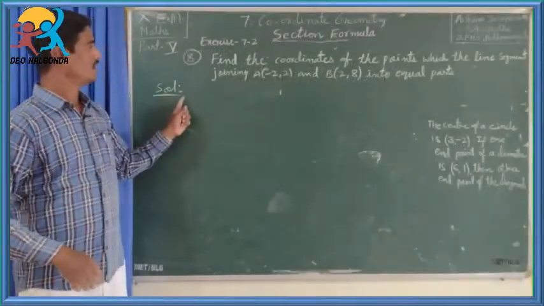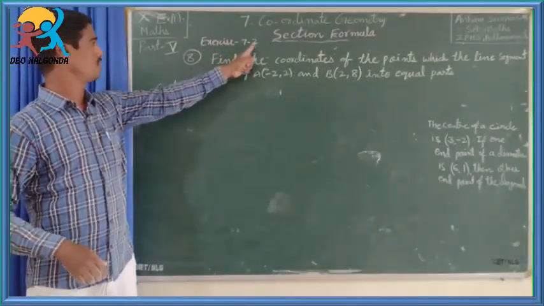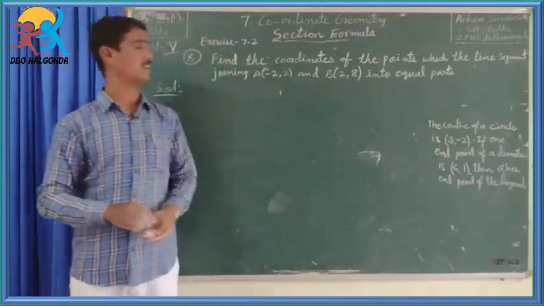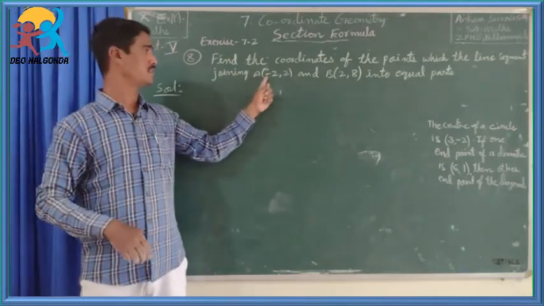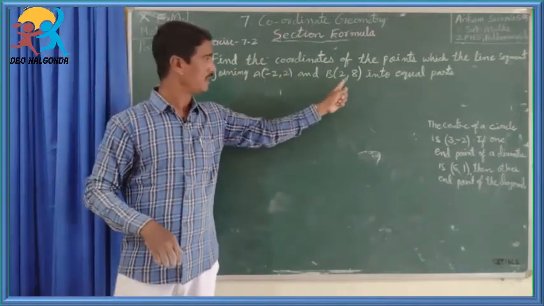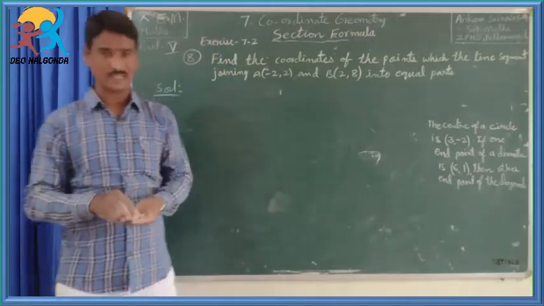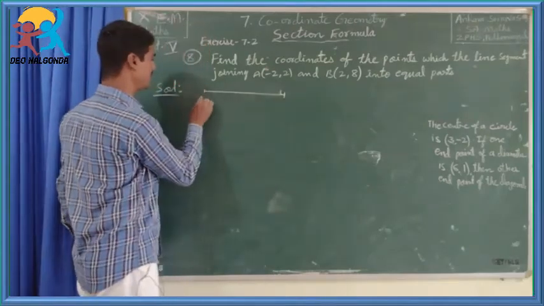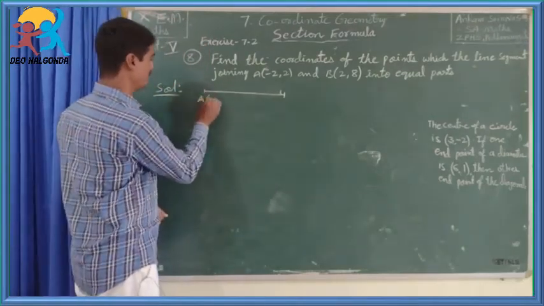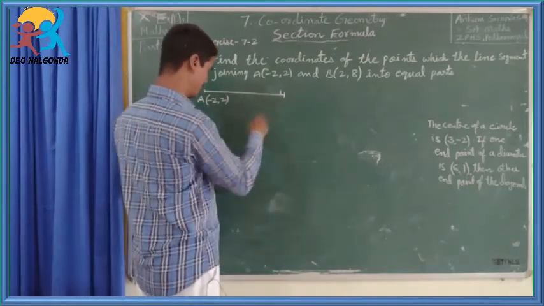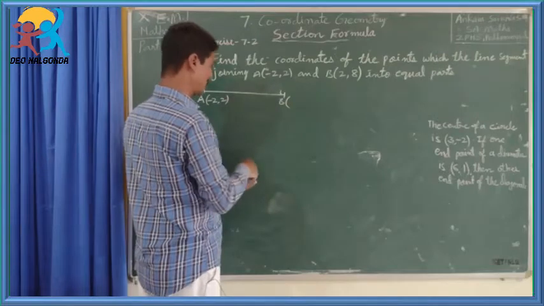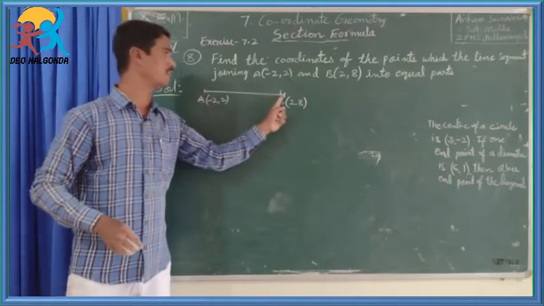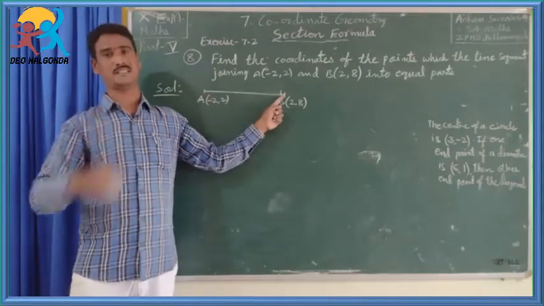Now children, find in exercise 7.2, 8th question: find the coordinates of the points which divide the line segment joining A (-2, 2) and B (2, 8) into 4 equal parts. Now take a line segment AB. Now this line segment we have to divide into 4 equal parts.